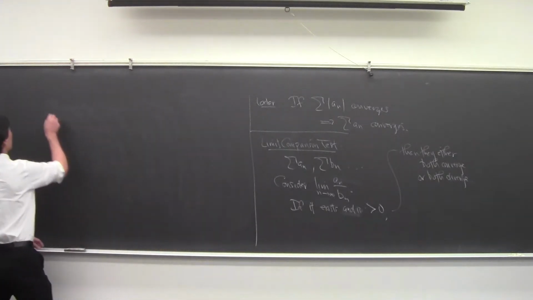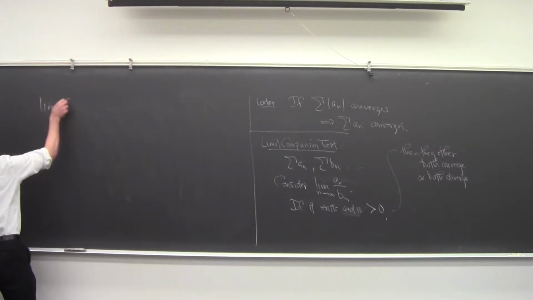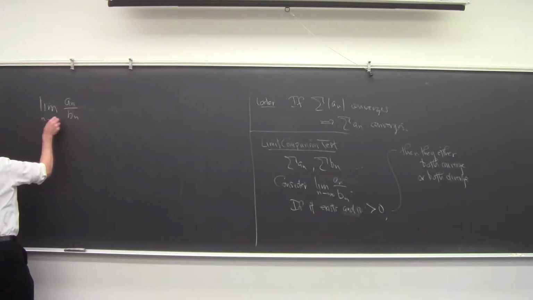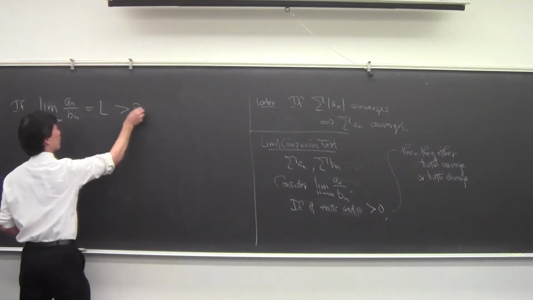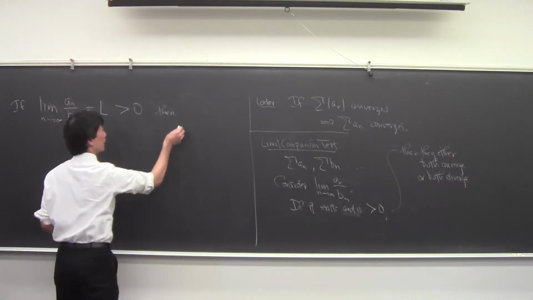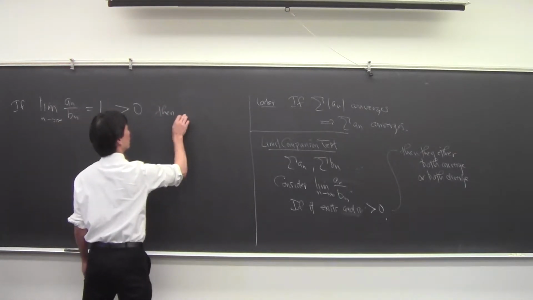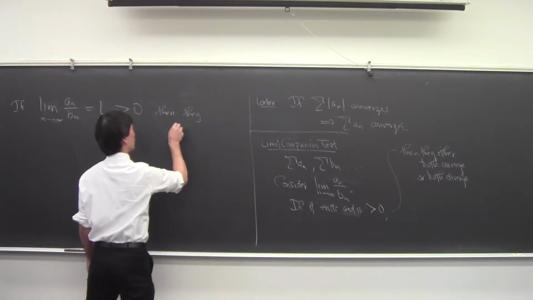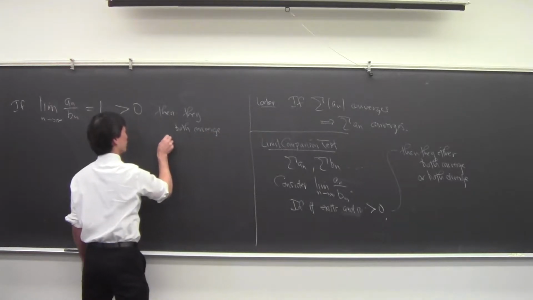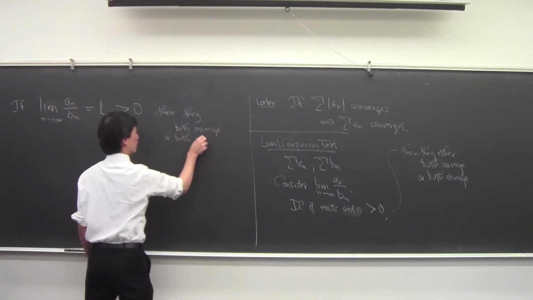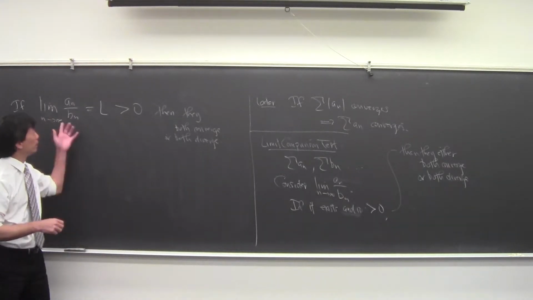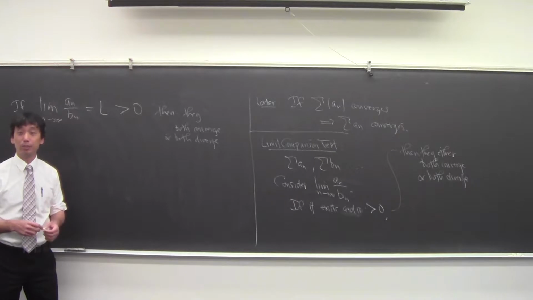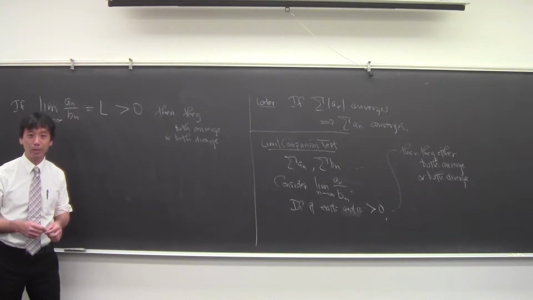So you look at the limit of this ratio, and if it equals some positive number, then they both converge or both diverge.